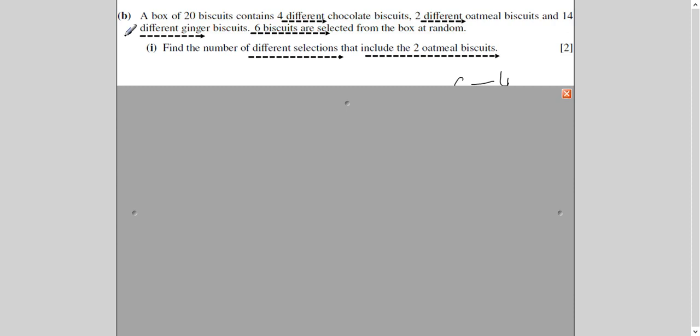Next question. In a box there are 20 biscuits: 4 different chocolate, 2 different oatmeal, and 14 different ginger biscuits. And you are selecting 6 biscuits, right? We have to find the number of different selections that include the 2 oatmeal biscuits. Now, this is a simple question.